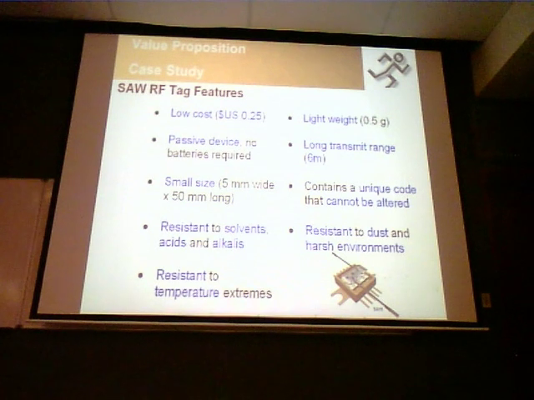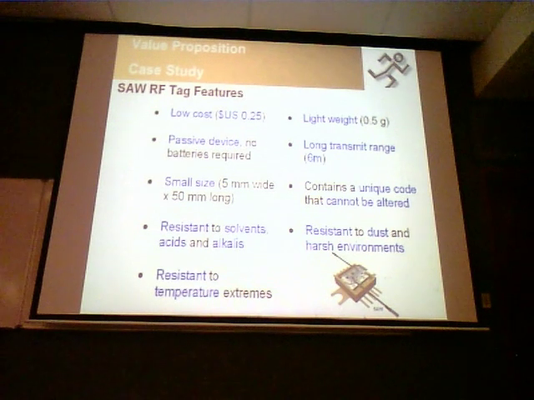You could transmit with the receiver about 6 meters, which is probably 6 big steps to the wall and back. It didn't require any batteries, it's passive, very small, unique. Once the chip's etched, you can't change it.